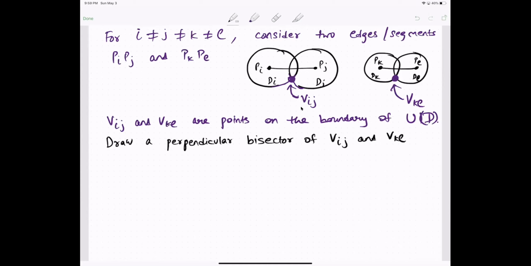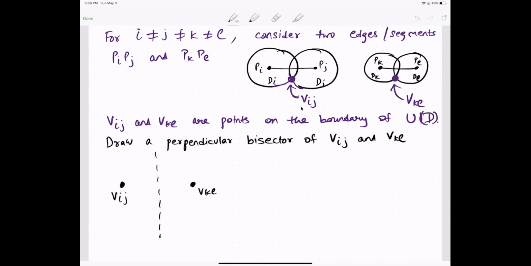Okay, so say this is Vij, say this is Vkl, and let's say this is the perpendicular bisector.